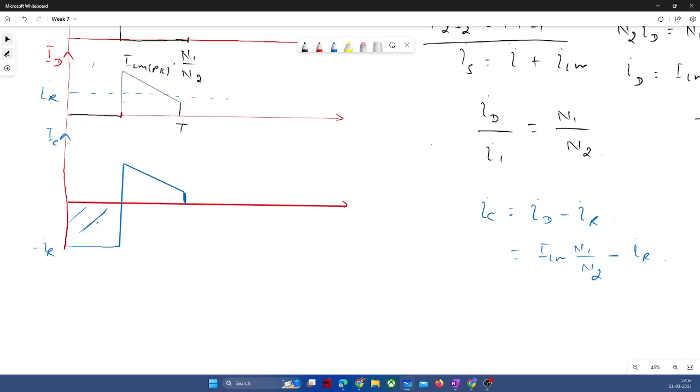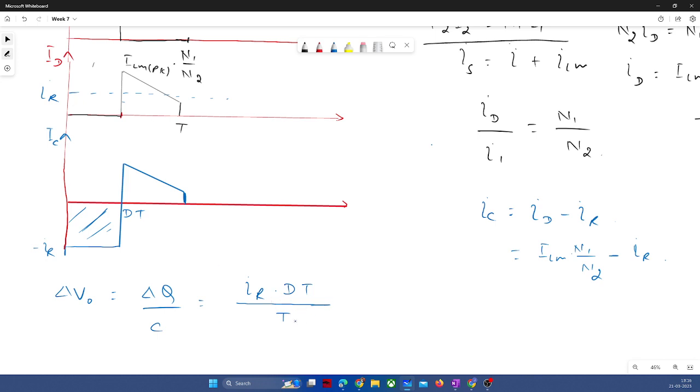This is your charge. So del V not equal to del Q by C. Del Q is nothing but IR into dT. IR is the magnitude. We are computing the area of this IR into dT.